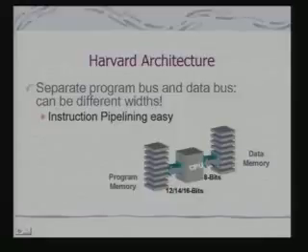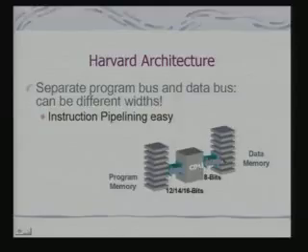What is the advantage of this? The advantage is, just look at this structure. I can fetch an instruction from the program memory because program memory is typically expected to store the program. And while I am actually doing a processing, let's assume I have got some data in the CPU and I am doing some processing, and then I need to store the result. And where shall I store the result? I shall store the result in data memory.